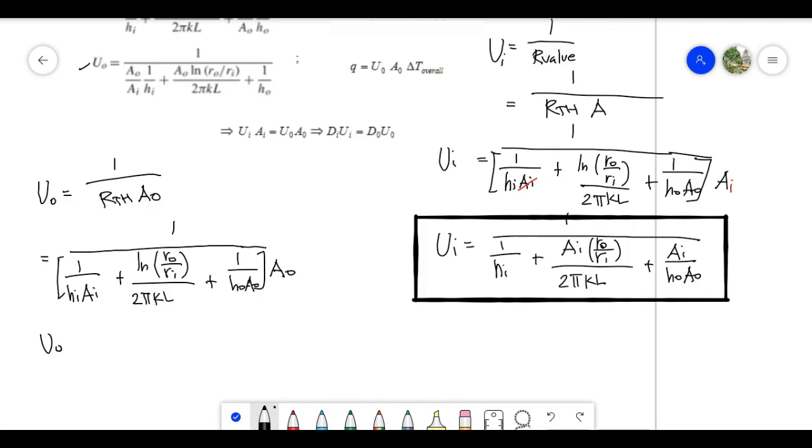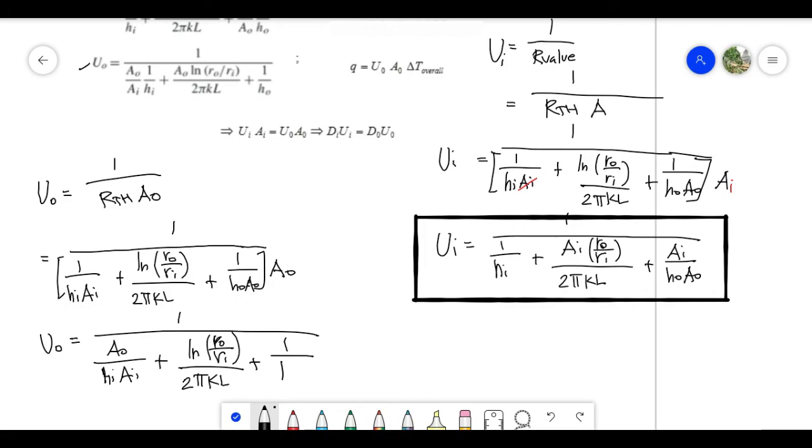So our final overall heat transfer coefficient based on outside is 1 over AO over AI HI plus ln RO over RI over 2 pi KL plus 1 over HO.